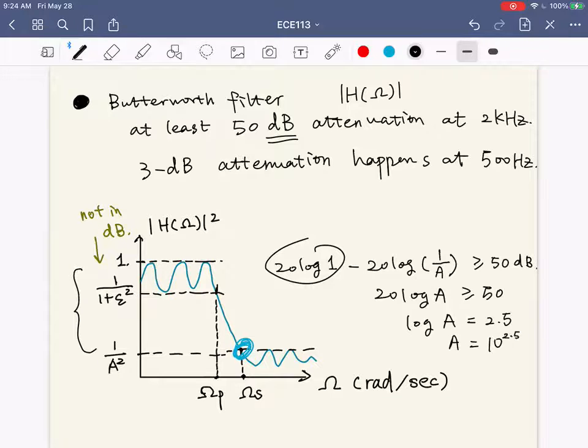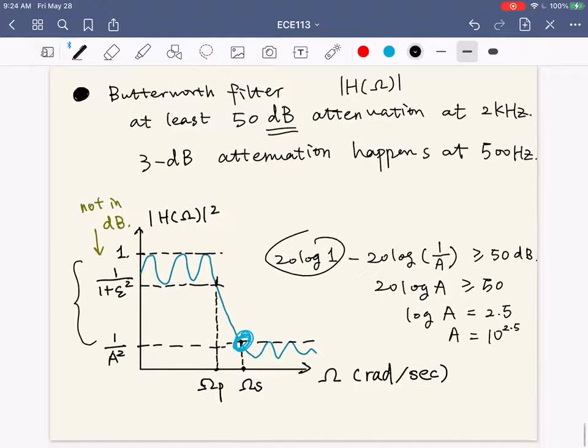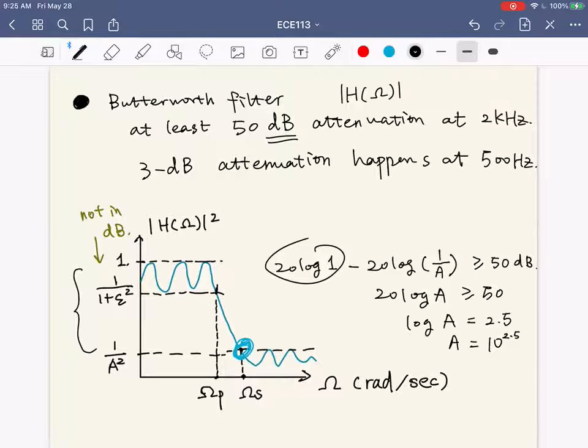Wait, quick question. Where does the 2 kilohertz come in? Like the fact that this attenuation needs to happen at 2 kilohertz. Awesome. So Joshua asked how the hertz maps to our omega. It's a good question. Aryan said, I think that would be Fs. So what's the relationship between our hertz and our omega?